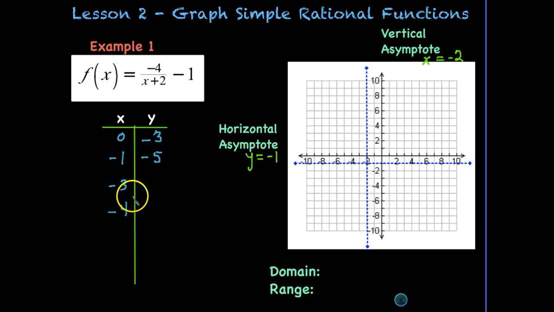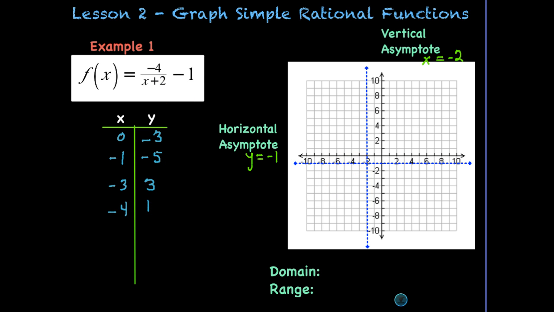Now let's look at negative 3. Negative 3 plus 2 is negative 1, and negative 4 divided by negative 1 is positive 4. 4 minus 1 is then 3. Last, we have negative 4 plus 2 is negative 2. Negative 4 divided by negative 2 is positive 2, and 2 minus 1 is just 1.